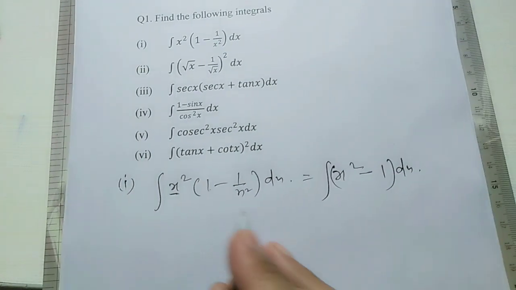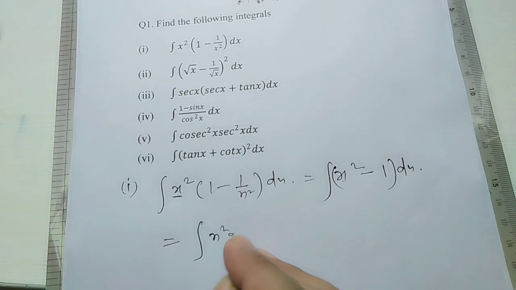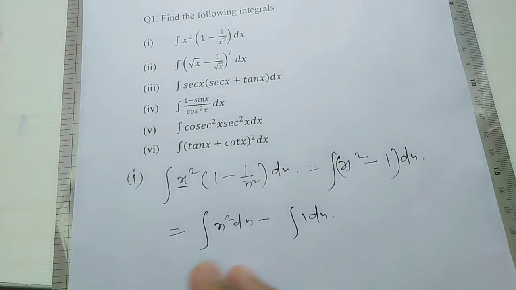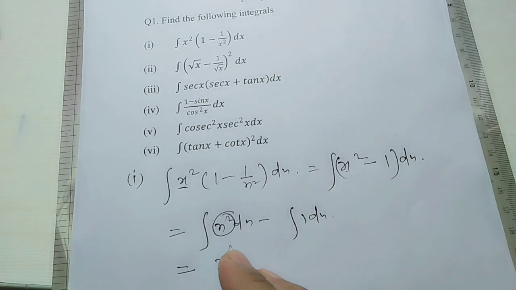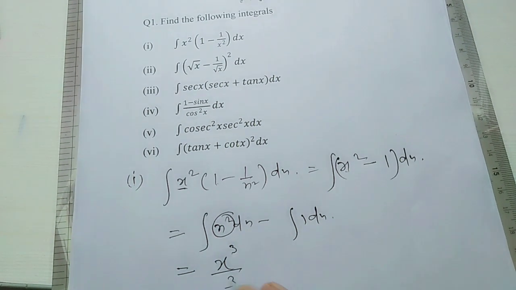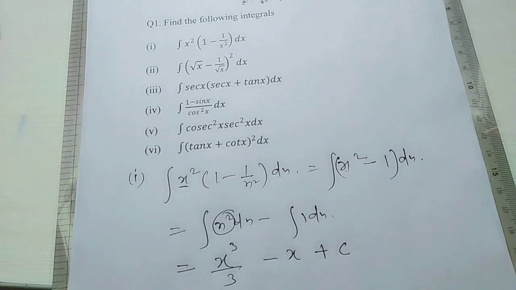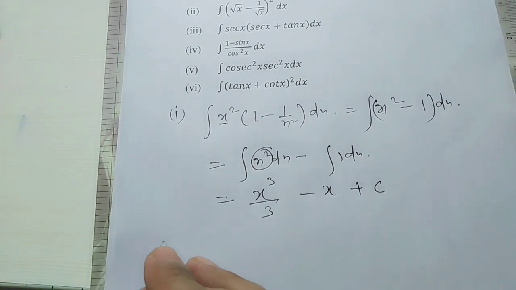Now we can separate it like integration of x square minus integration of 1. Now we have a formula of x to the power n, that is x to the power n plus 1 upon n plus 1, so x cube upon 3, and integration of 1 is x, and we have to write a constant plus c. This is the solution.